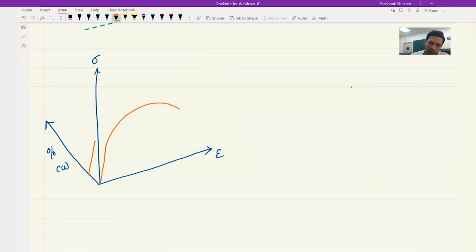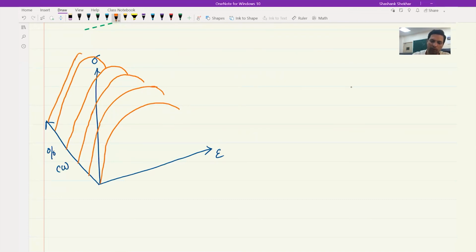And if you increase the amount of cold work, then the yield strength and the tensile strength increase, but at the same time, ductility decreases. And at some point, it will become very, very brittle.